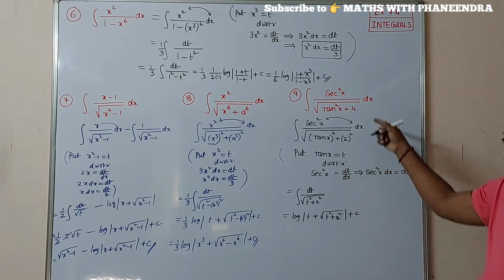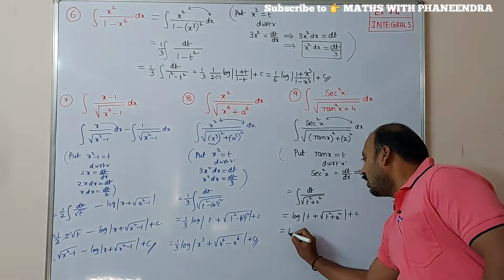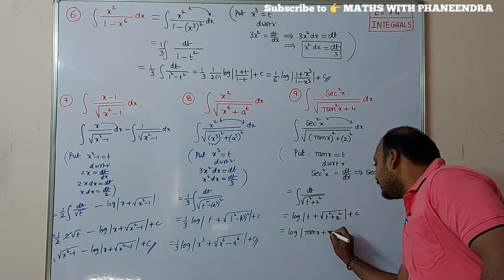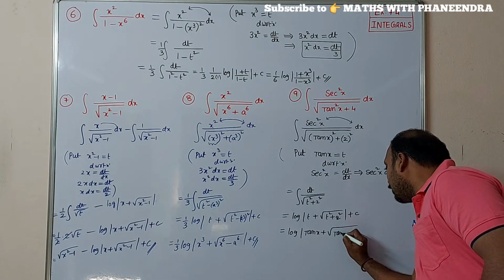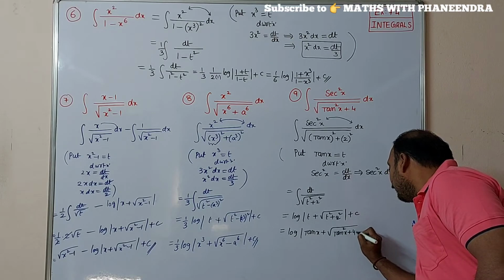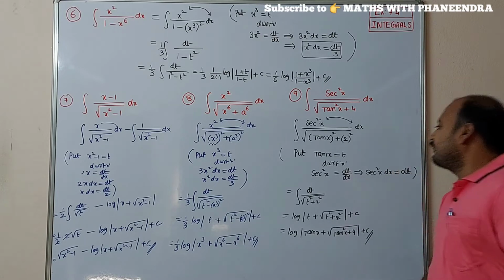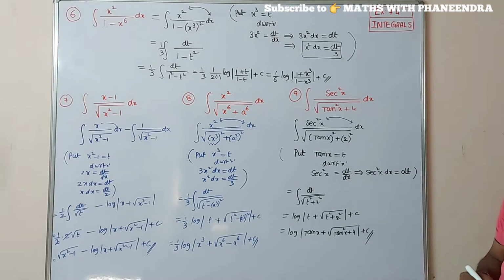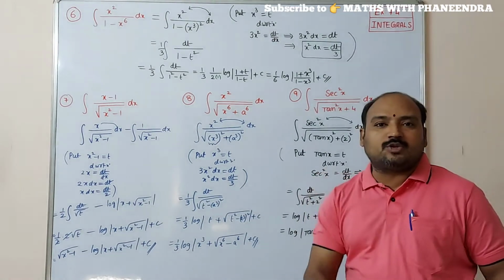In place of t, substitute the respective value. So log mod tan x plus root of tan square x plus 4 plus c. So this is the way you can do these ones. I hope everyone understands. We'll move to the next question, number 10.